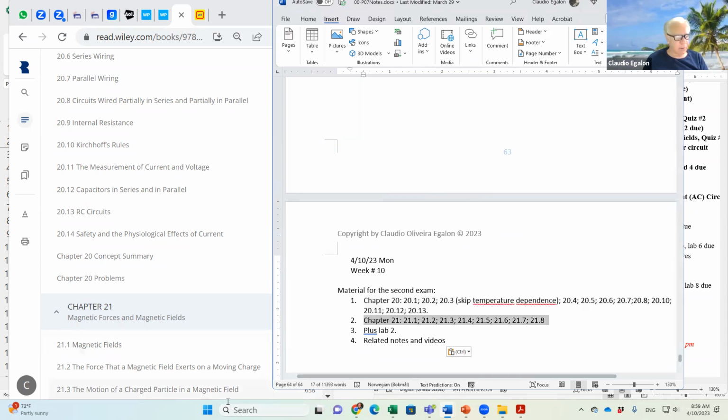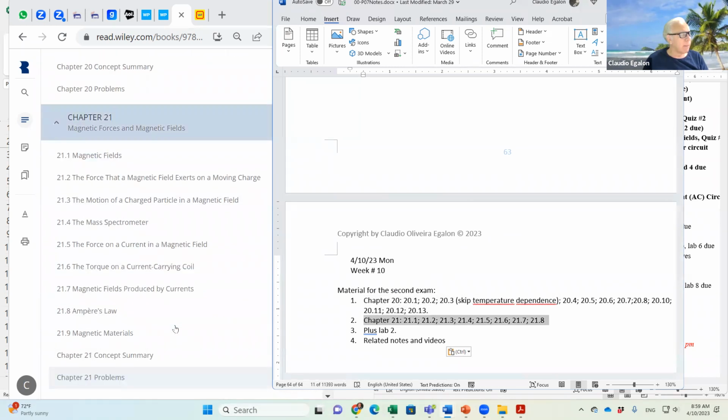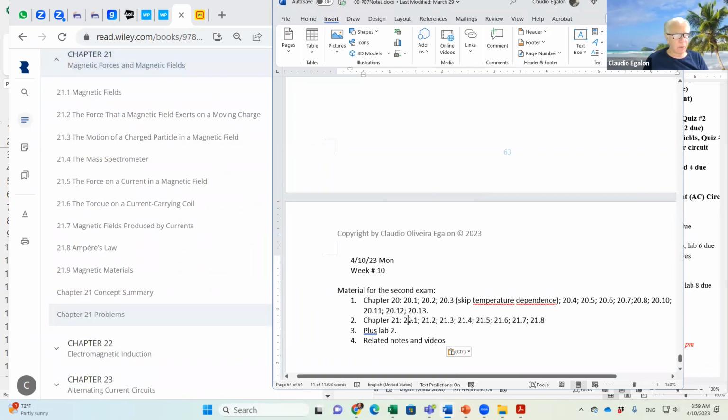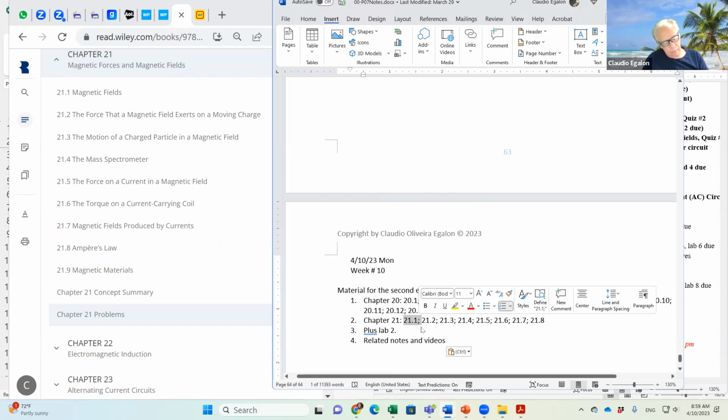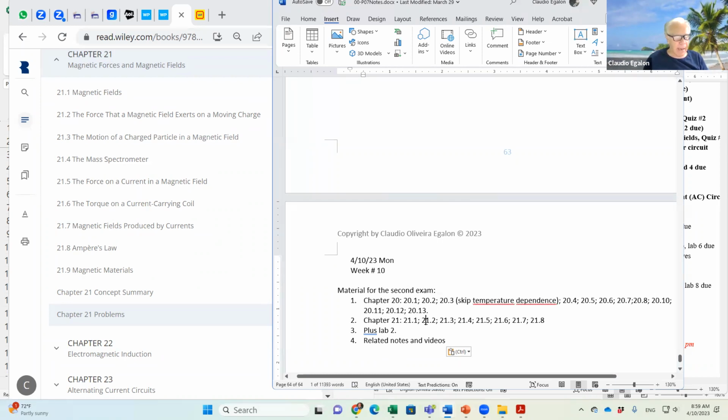And then chapter 21, magnetic fields. Okay, right at the beginning, we just said that there's a magnetic field. There are some naturally occurring stones that generate a magnetic field. Okay, and 21.2, the force that a magnetic field exerts on a moving charge.